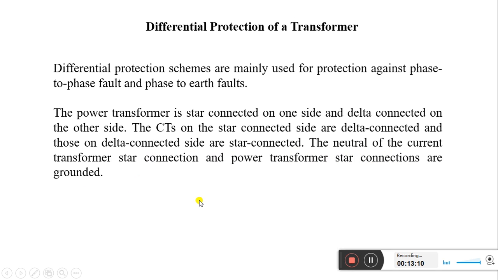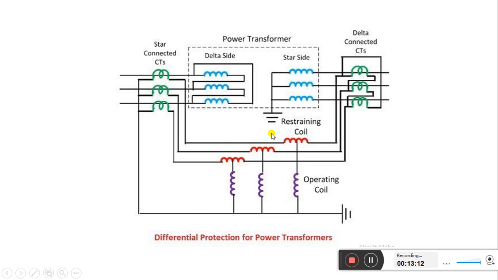Same as I explained with the circuit diagram: the delta connection side CTs are connected in star fashion, the star connected winding side CTs are connected in delta fashion, the ends of these CTs are connected with the restraining coil, and the star connected side neutral is earthed through one end having an operating coil.